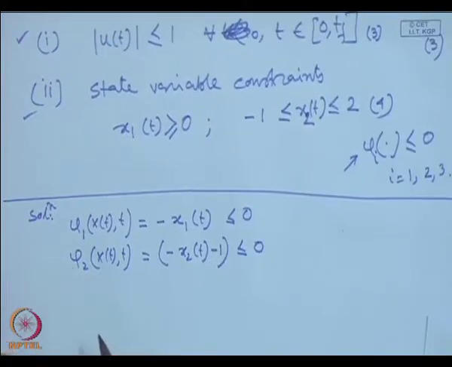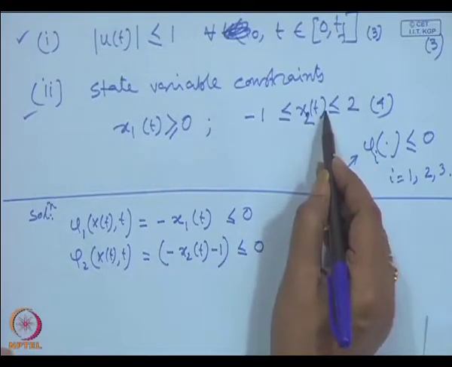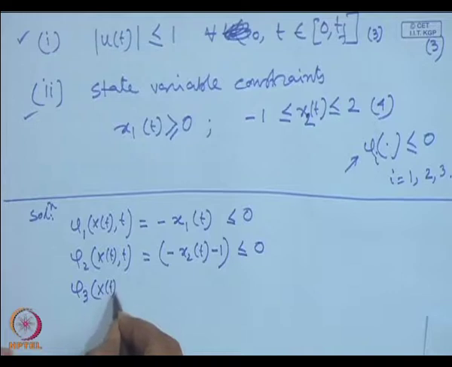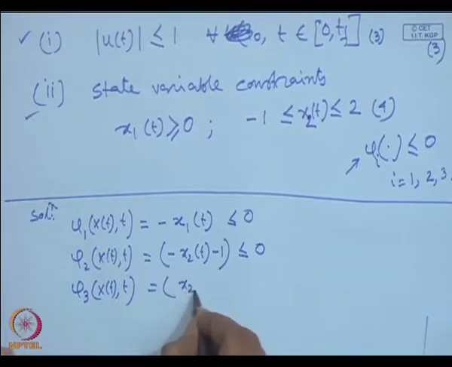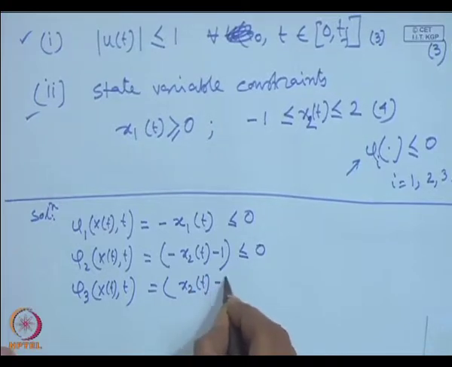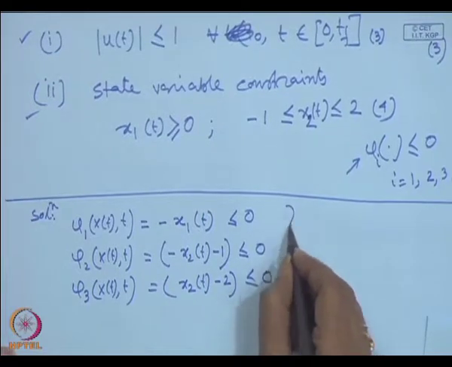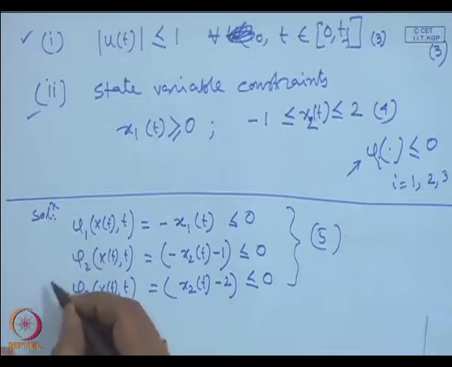This is the second inequality constraint in the state. Third, bring x 2 to that side: psi 3 of x of t is equal to x 2 minus 2, less than or equal to 0. That is equation number 5.